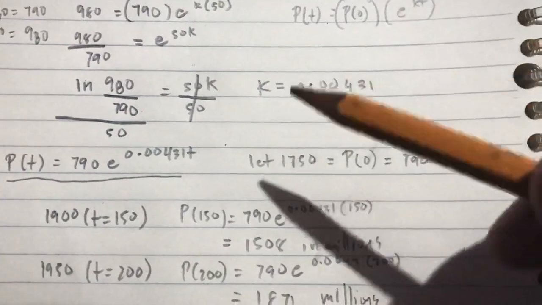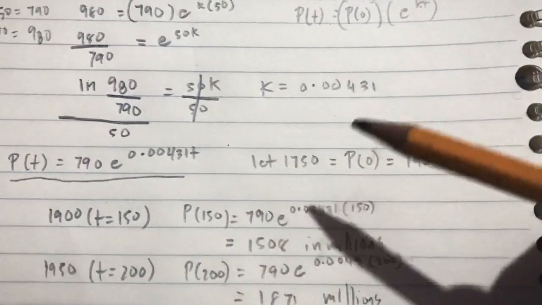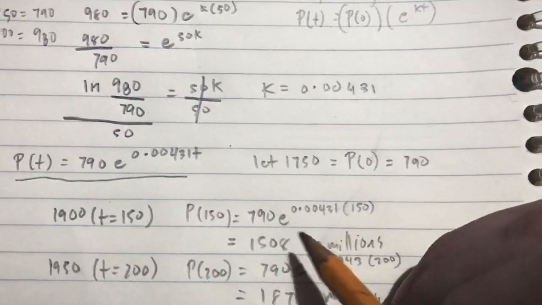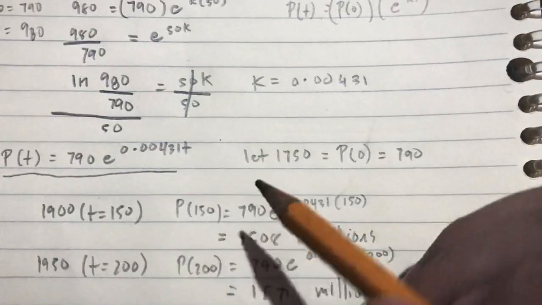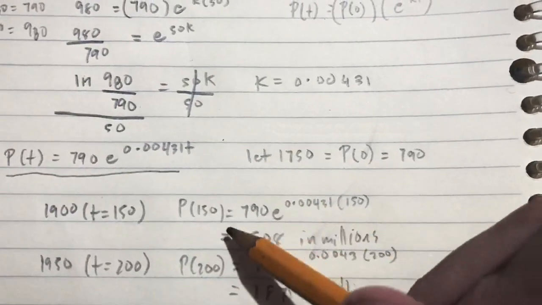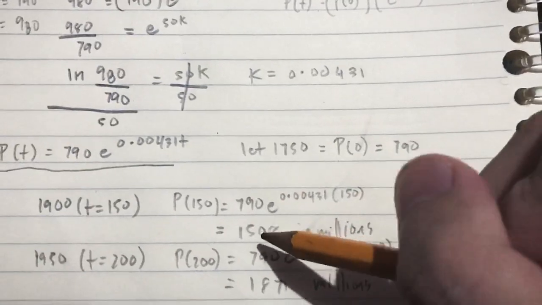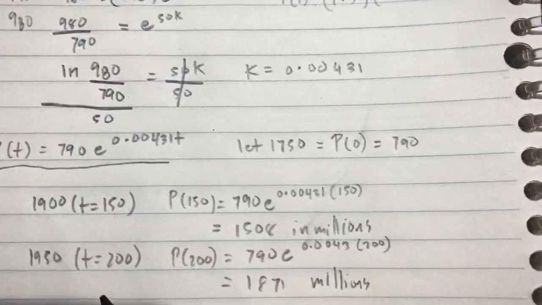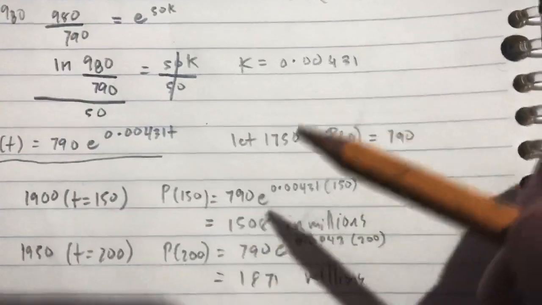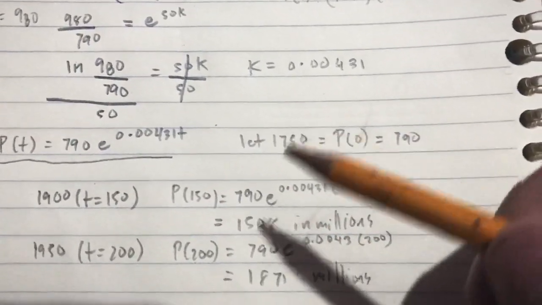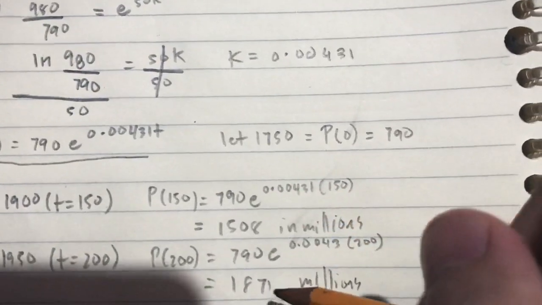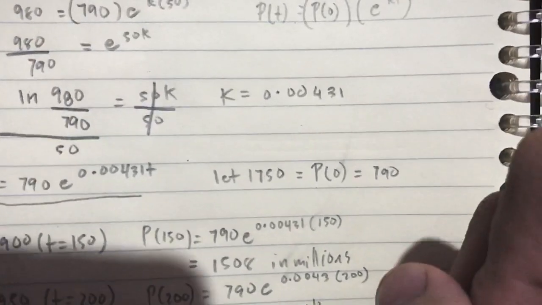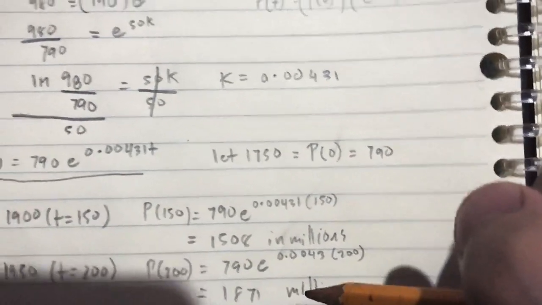We'll simply substitute the time, and in year 1900 the population is 1,508 in millions, and in year 1950 the population is 1,871 in millions.